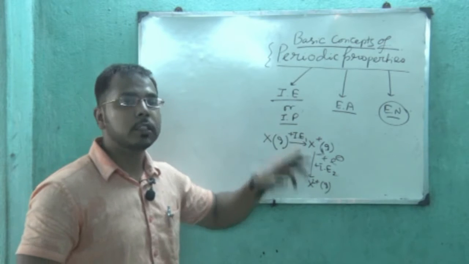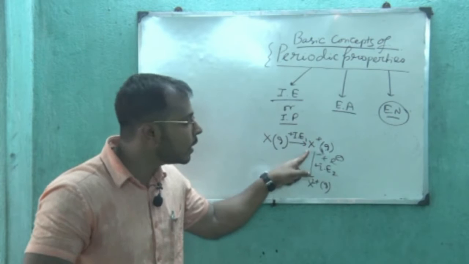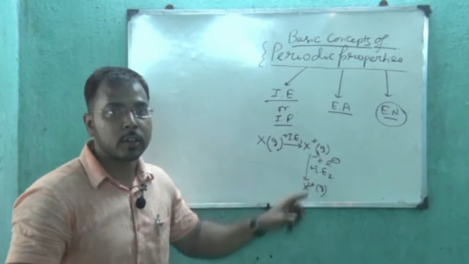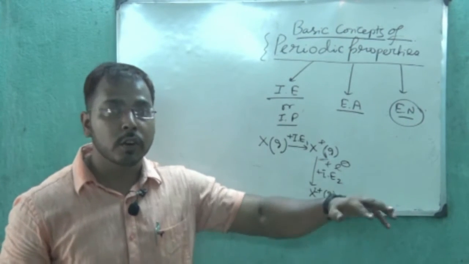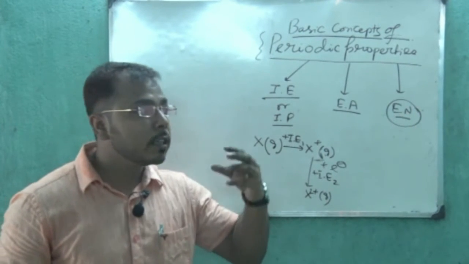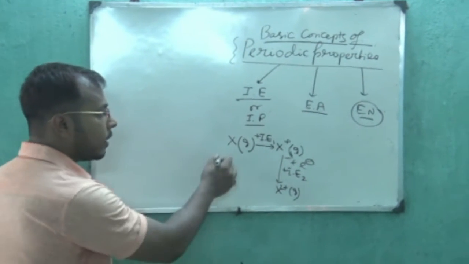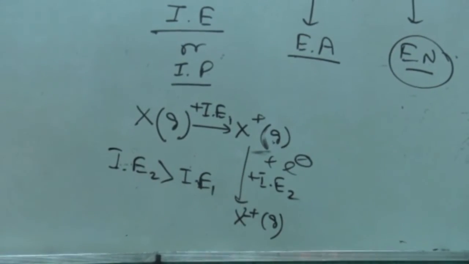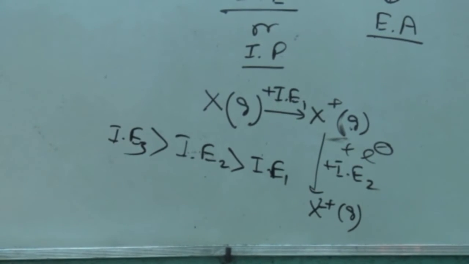So ionization energy will be increased because it will have no tendency to remove an electron, it will have a tendency to gain an electron, because any positive charge has a tendency to gain electrons to get neutralized, and any negative charge has a tendency to donate electrons to get neutralized. So obviously we can write here IE2 is much greater than IE1, and IE3 is greater than IE2.